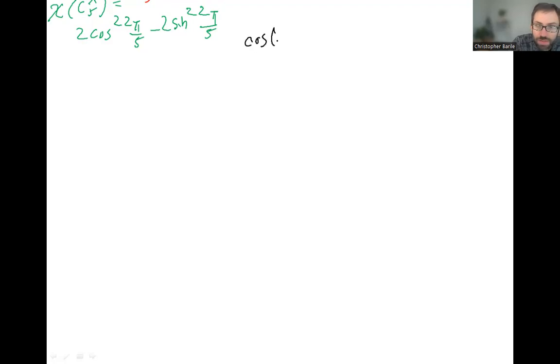Cosine 2 pi over 5 is actually equal to, it turns out, root 5 minus 1 over 4. And then there's another one, which is sine, this one's even crazier, sine of 2 pi over 5 equals the square root of 5/8 plus the square root of 5 over 8.